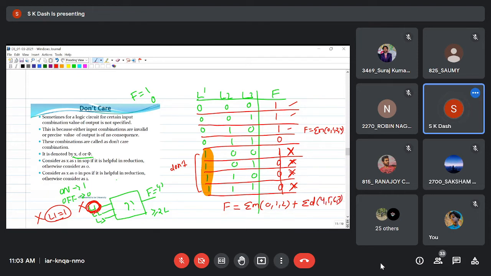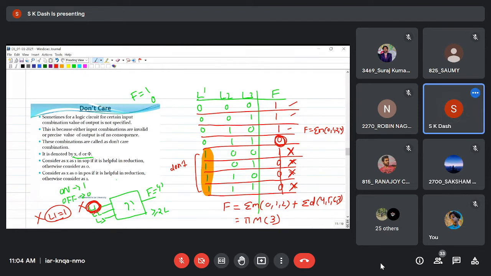Okay. So if I write in terms of pi, so what to do? Pi of capital M. Which terms are missing here? Pi means where you are getting 0. So just one simple change we need to make here.